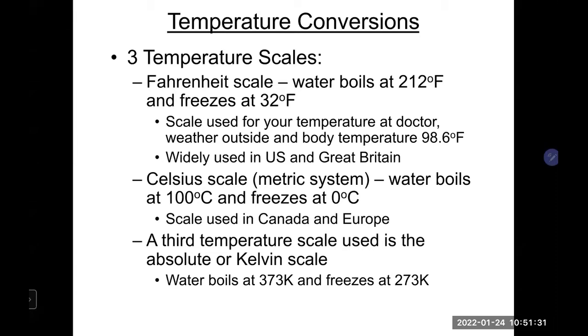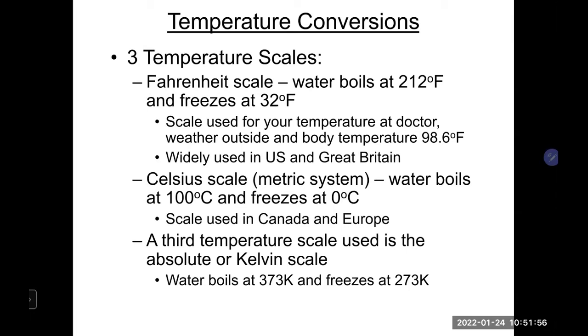Water boils at 212 degrees Fahrenheit and freezes at 32 degrees Fahrenheit. This is the scale we use to take our temperature, the weather outside, how cold it was during the Green Bay game, right? When it started snowing, all that kind of stuff. Games this weekend, that's all decided by like a field goal, basically, right?